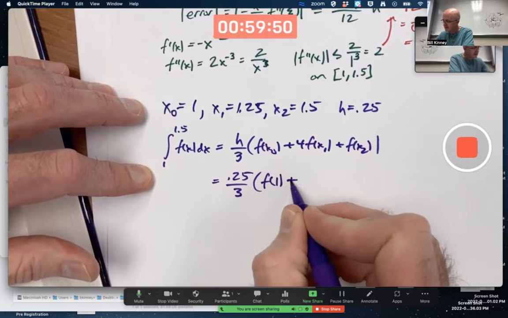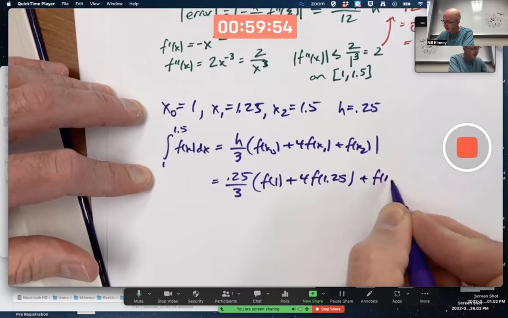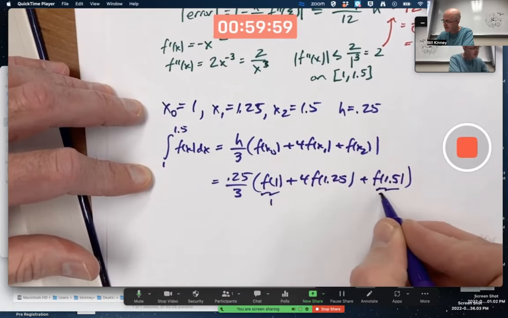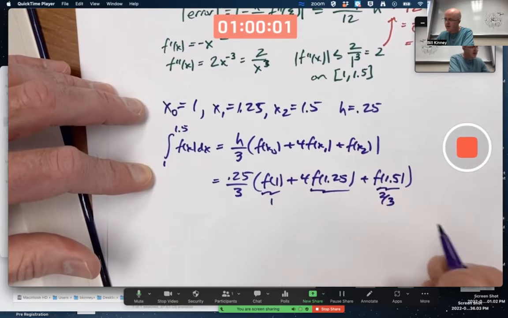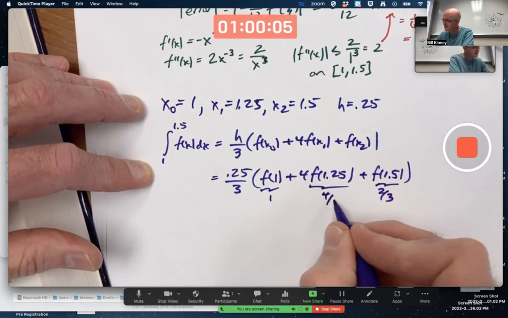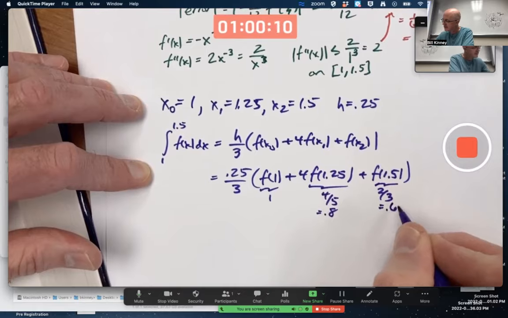This is f of 1 plus 4 times f of 1.25 plus f of 1.5. f of 1 is 1. f of 1.5 we've seen as 2/3. f of 1.25, since 1.25 is 5/4, this is 4/5, 0.8, this is 0.6 repeating.